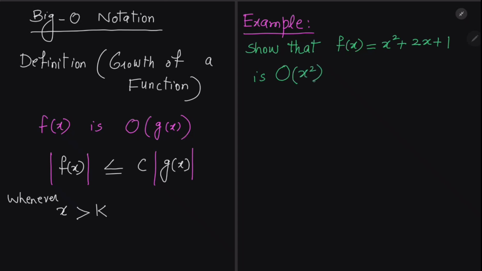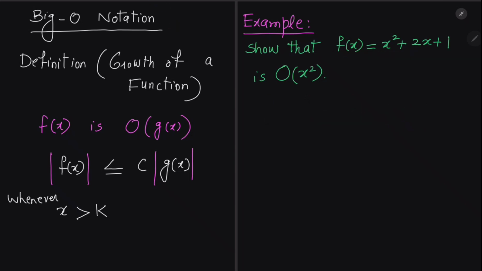I am writing this a little bit big so that you know this is big O notation, since there is another notation called small O notation. How can we prove that this is order of x square? We have to show that |f(x)| is less than or equal to some constant times |x square|.